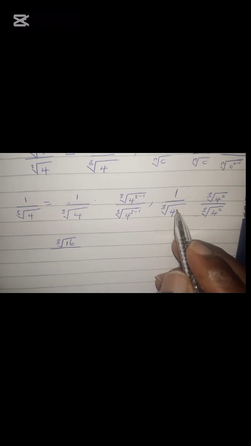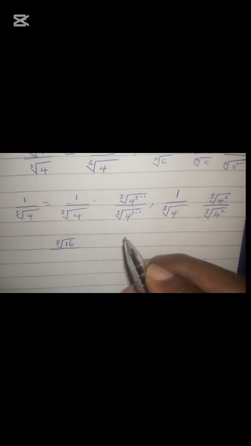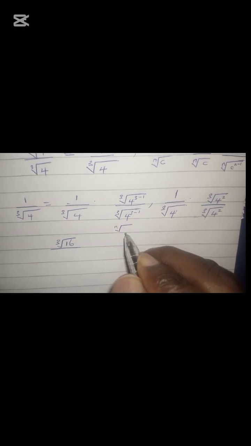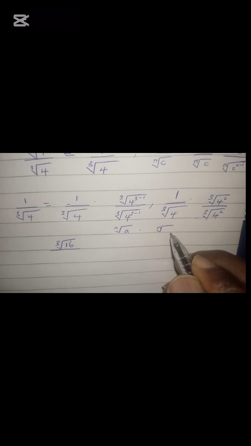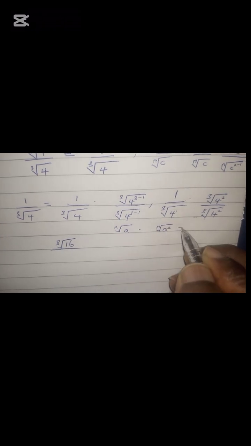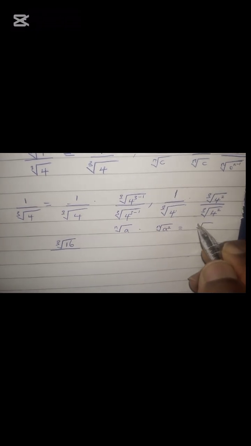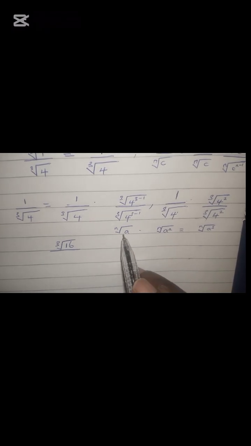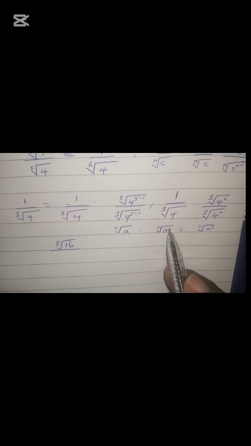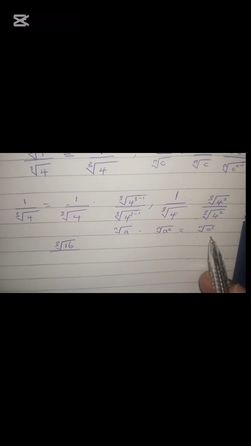at this denominator we are going to apply a rule, and the rule says the nth root of a times the nth root of a to the power of 2 is equal to the nth root of a to the power of 3.